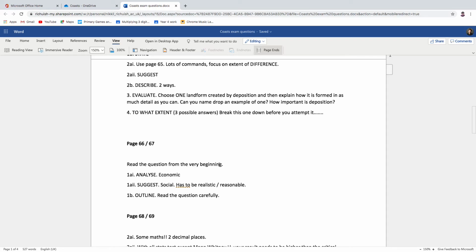If your sediment is being deposited, what has got to have happened to it before then? It's got to have been eroded from somewhere. It's got to have been transported. There might have been some weathering along the way. So yes, of course, deposition is important, but it's not the only thing that needs to happen in order for a depositional landform to be created.